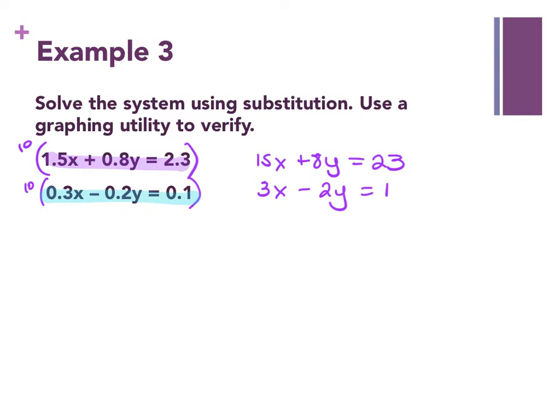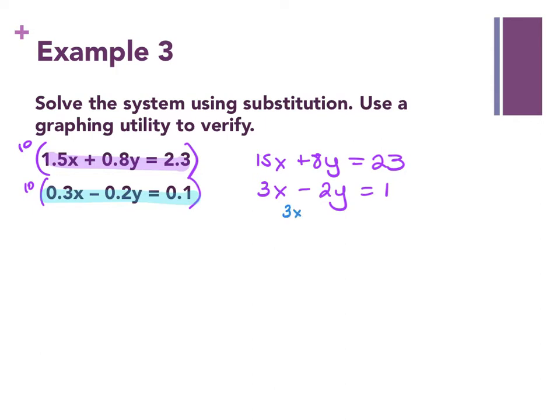All right, so now I need to solve for a variable. This time it's not as easy, right? There's nothing that's already by itself. I'm going to have to move and divide, so just pick a variable. X. In which one? Top one or second one? The second one. Okay.